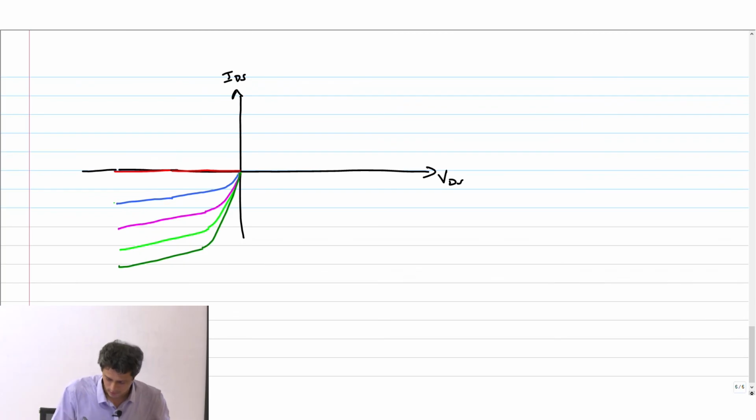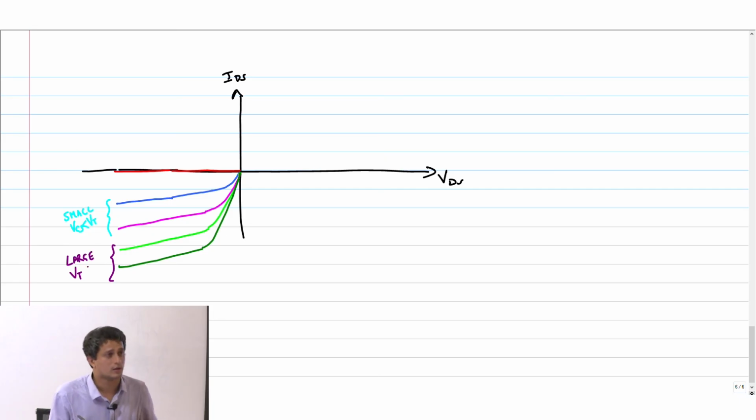This is small VGS, of course less than VTP, only then it will conduct. These are large VGS, and it can get velocity saturated. This will end up in the saturation region.